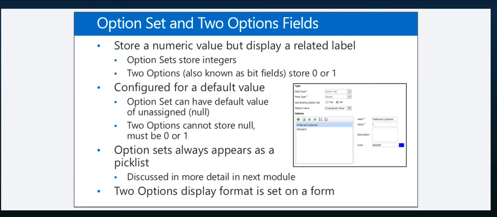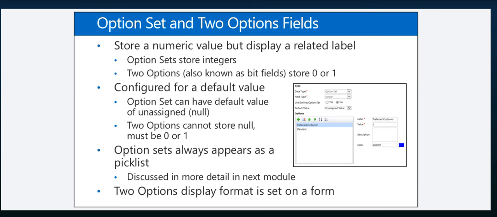It's either true or false, or 0 or 1. And for both of those, you can configure the default values. Option sets don't necessarily need to have a default value. Those can be empty by default. Two option sets must have a default value, which is either true or false, or 0 or 1.